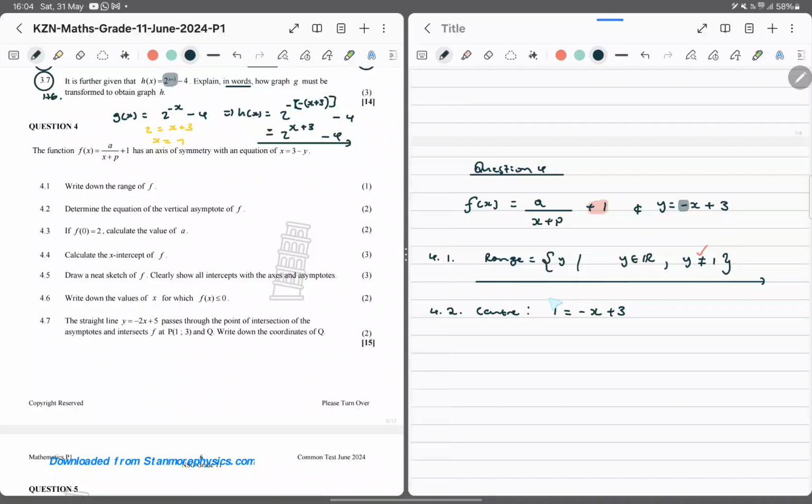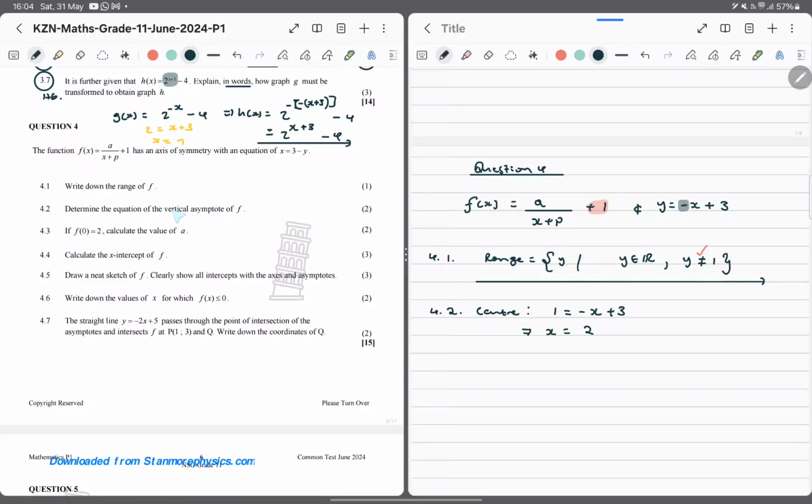This is the y coordinate at that center. So we know that center is where this very same line passes through as well. So we just solve for x here, which implies that our x is going to be 2. Now, is that the vertical asymptote? The answer is exactly. That is true.